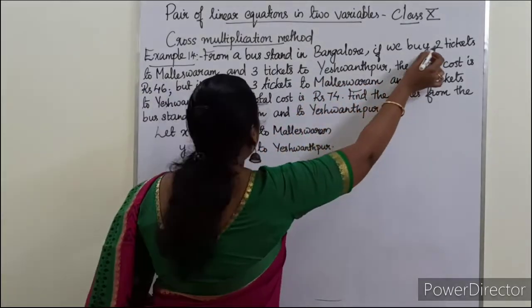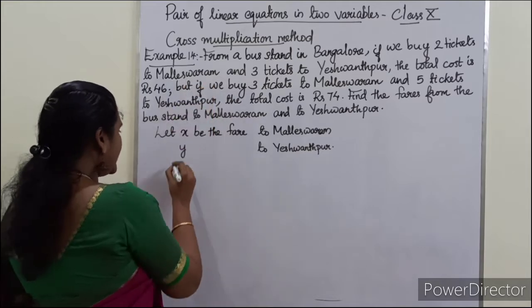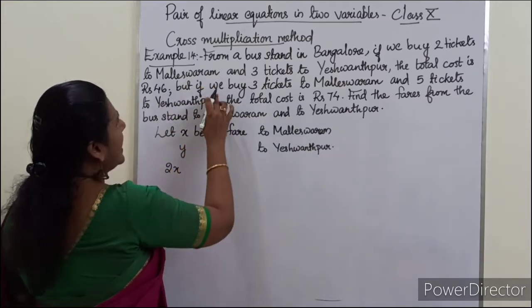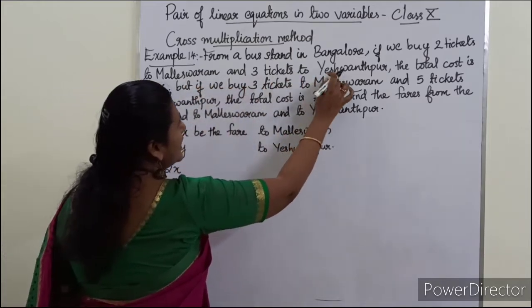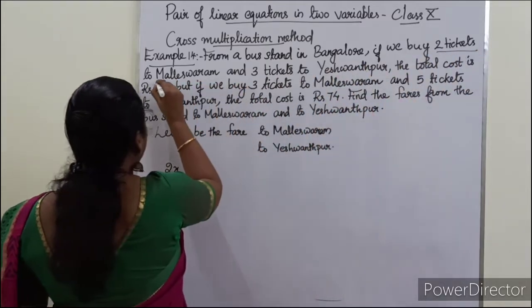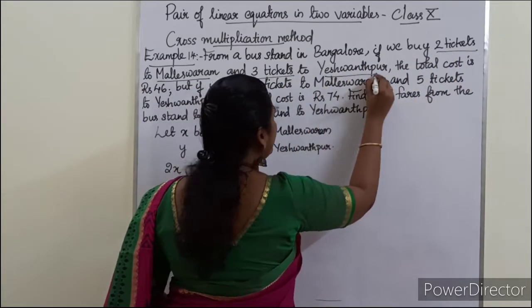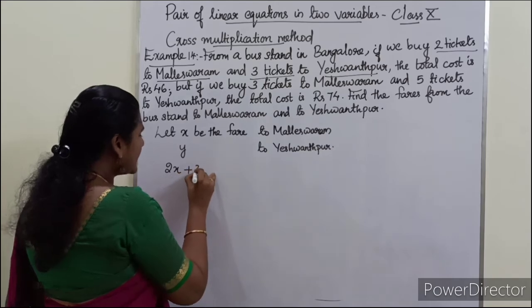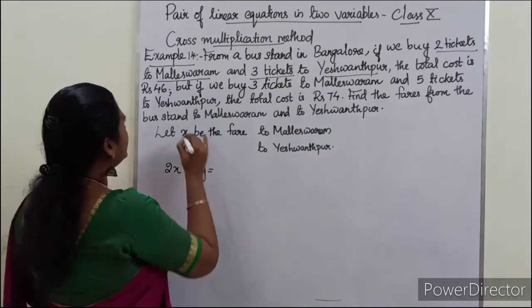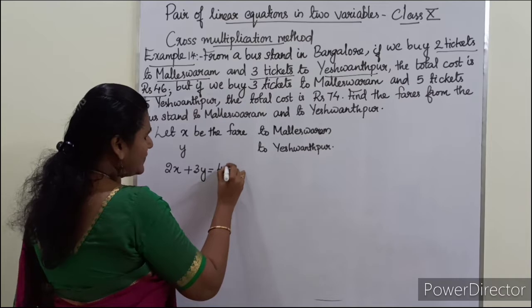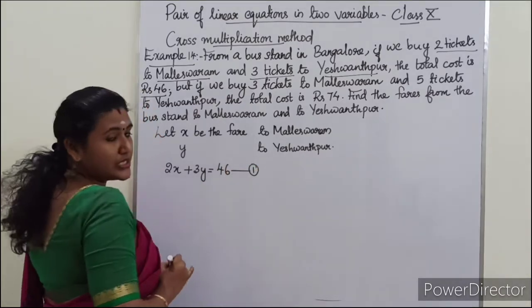If we buy 2 tickets to Malleshwaram, that is 2x, and 3 tickets to Yeshwanthpur, that is plus 3y, the cost is rupees 46. So this is our first equation.